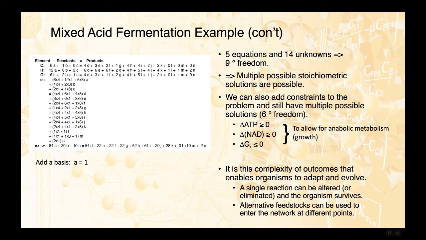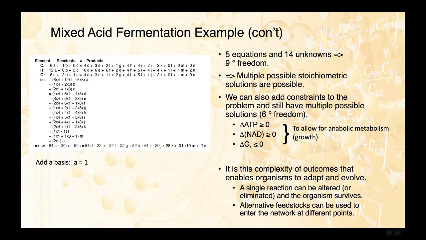Now, I know I have to account for all the electrons, and I can do that. I can write an electron balance. So that now gives me four equations, and I can add a basis. I can say, okay, I want the glucose to be 1. So with 1 glucose, what do I get? Now, I've got 5 equations and 14 unknowns.